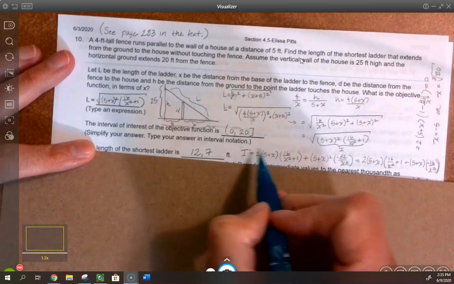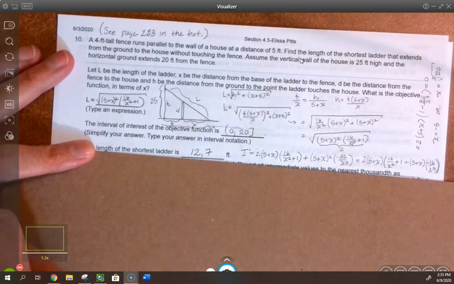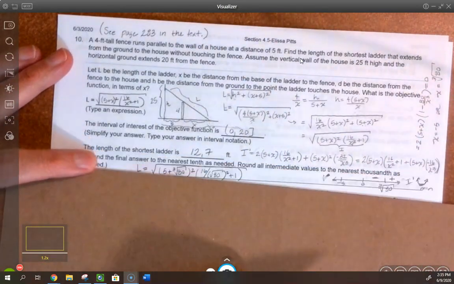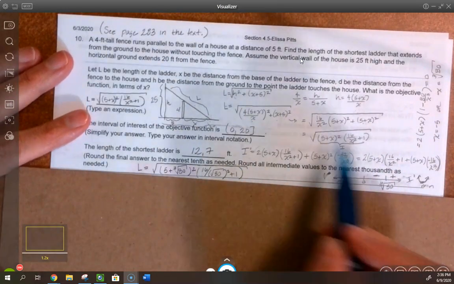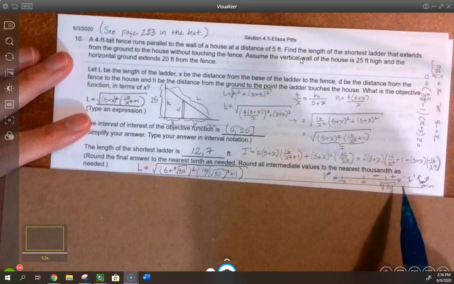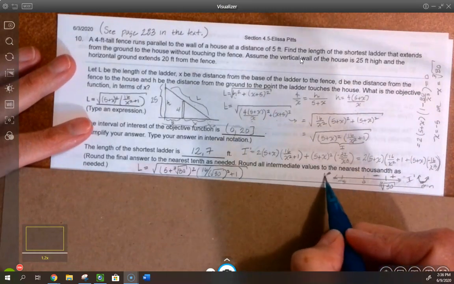I'll let you go through the derivative and verify this. This is the calculus; the rest of the stuff is algebra. I got x equals the cube root of 80. I think I used the first derivative test to make sure that was a minimum, and that's where I checked that.